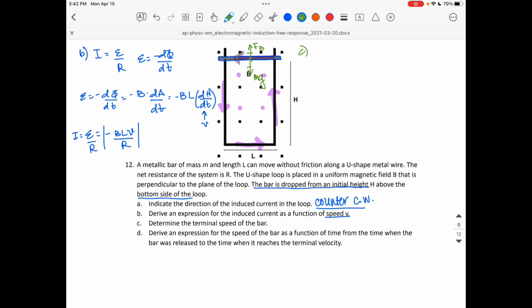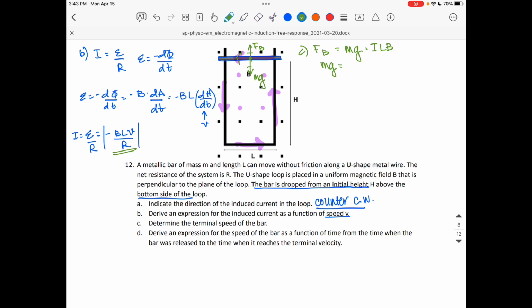And for C here, we are going to determine the terminal speed of the bar when they're equal, which means that my magnetic force is equal to my force of gravity. I'm just going to plug in the equation for my magnetic force, which is equal to ILB. I have my equation for current, and again I'm just going to take the absolute value of that.